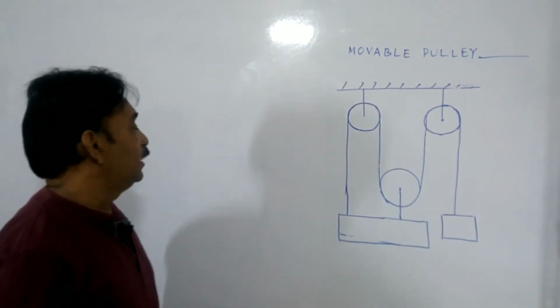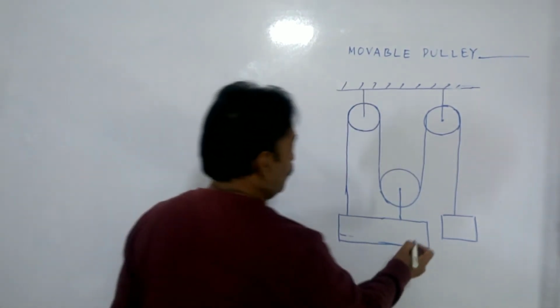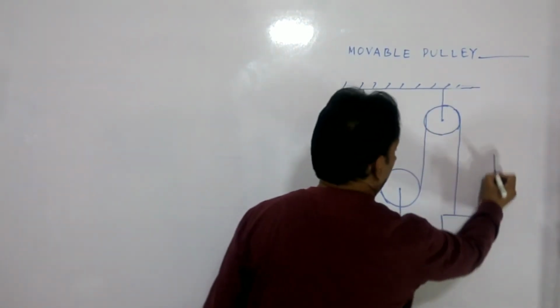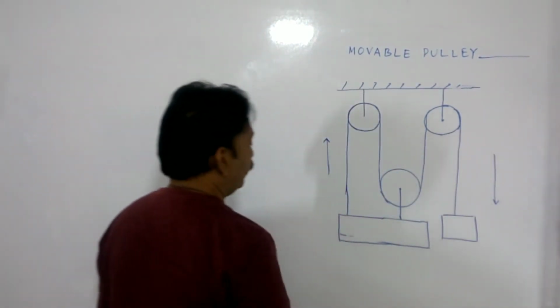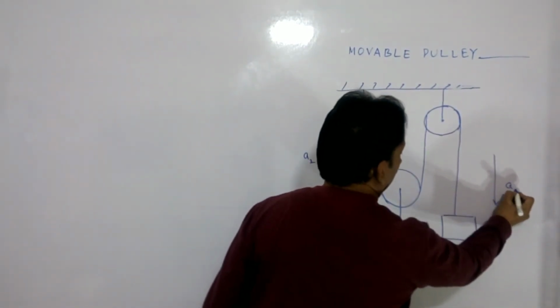Okay, students, the same principle we are using here. Say one is raising up and the other is raising down. Let's say it has an acceleration of a2 and this one is a1.